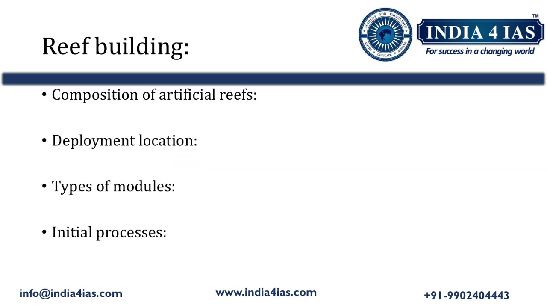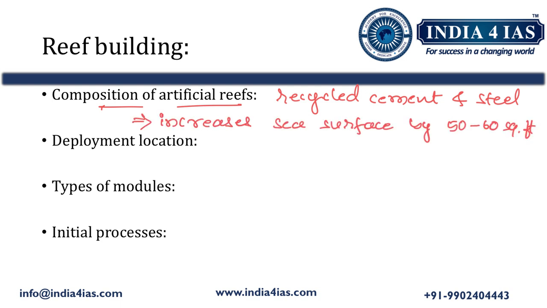Now we will briefly discuss the artificial reef building process. Composition of artificial reefs: artificial reefs are built using recycled cement from construction sites and steel, forming concrete structures. Each module increases sea surface by 50 to 60 square feet.